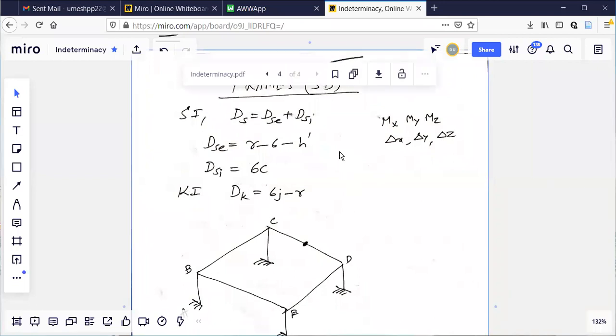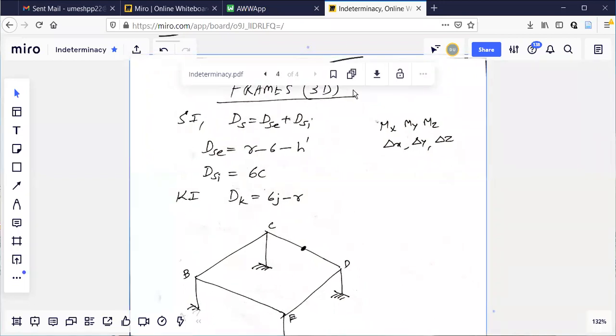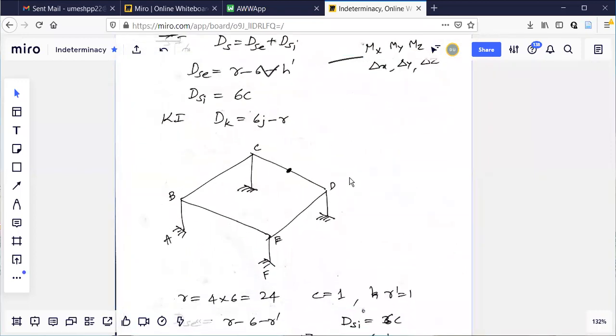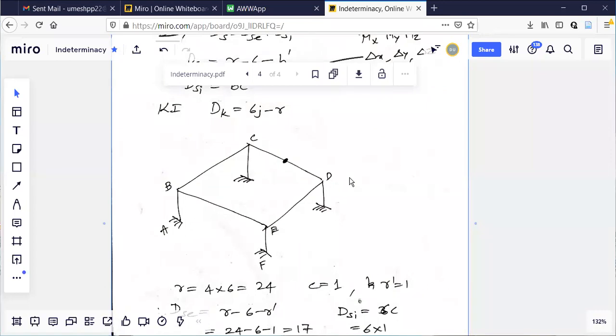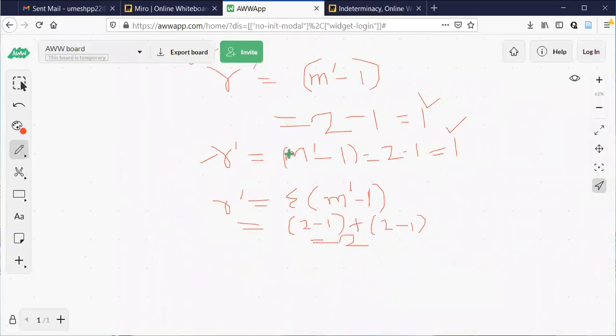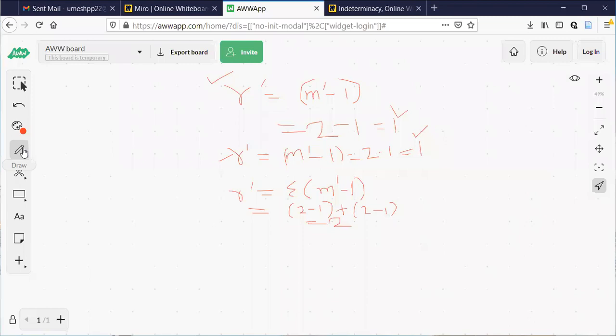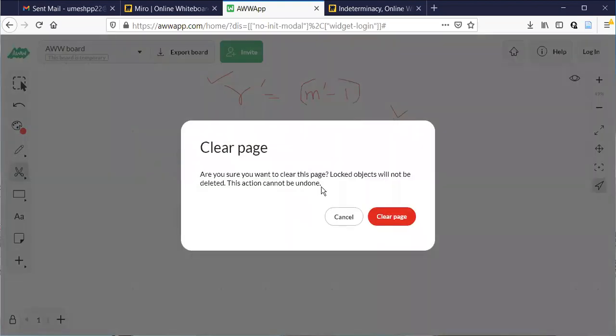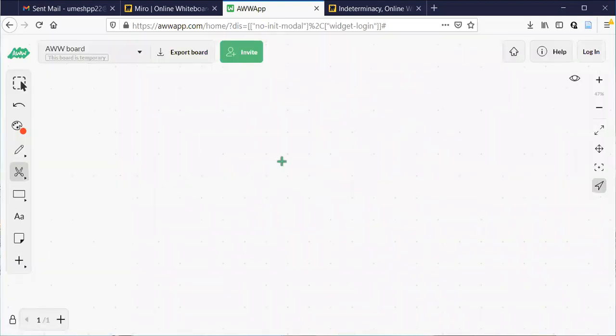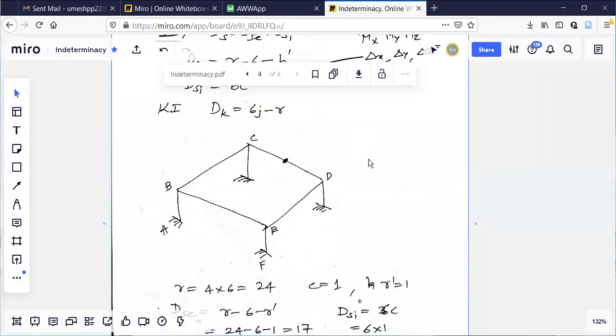Frames 3D. It is also called space frames. You can see this one. How many equations of equilibrium are available here? You check it. In case of space frames, how many equations of equilibrium are available?